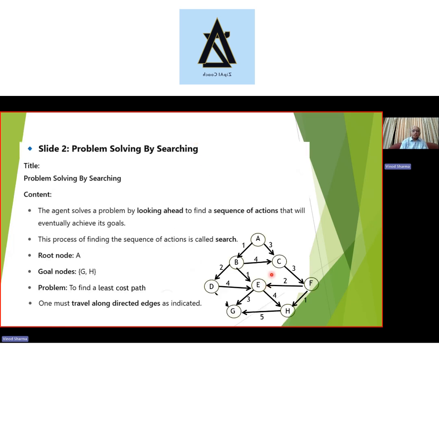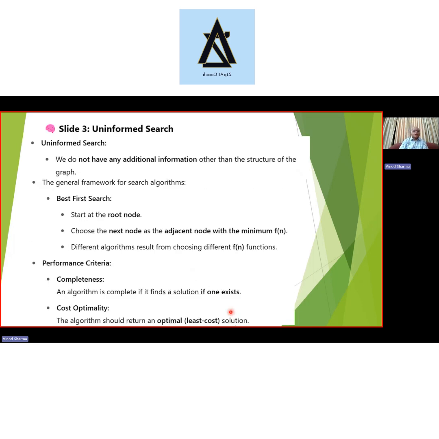If it is in this state, all it knows is that it is in this state, and the possible actions it can take are these two actions with the associated costs. Once it takes these actions, it will reach these states. This is all it knows at any given time. This is called the search to find the solution by the agent in uninformed search.